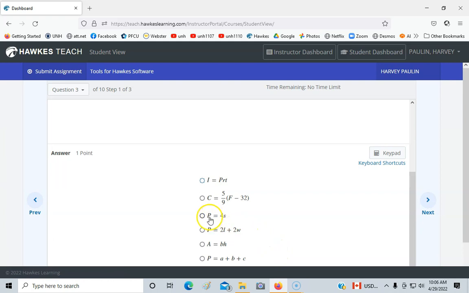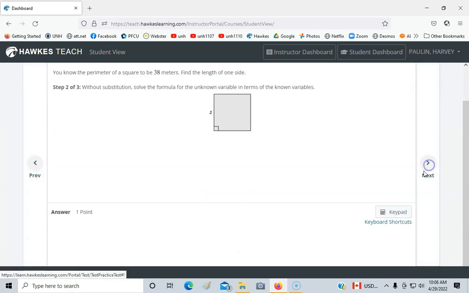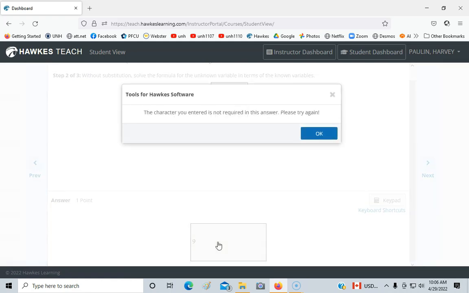Well, it'd be this one, perimeter equals 4s. We click on that, and there are some other formulas there. And then now they're asking what would the side be, and that would be 9.5. Again, you can just use your keyboard for this, 9.5.